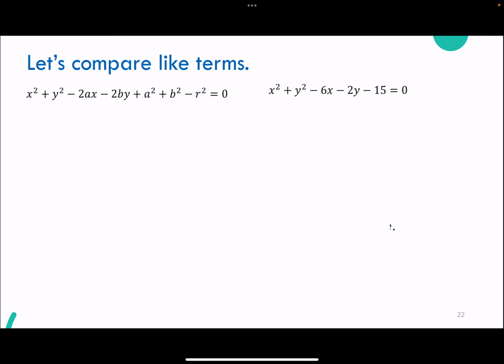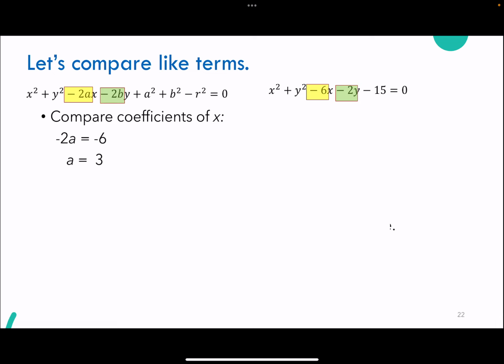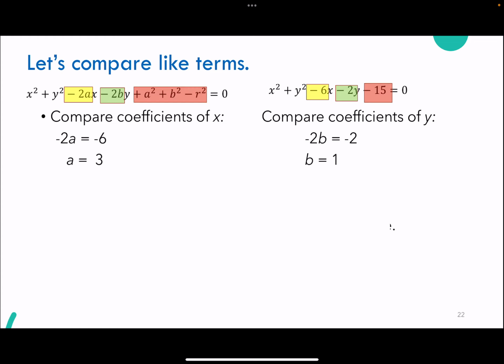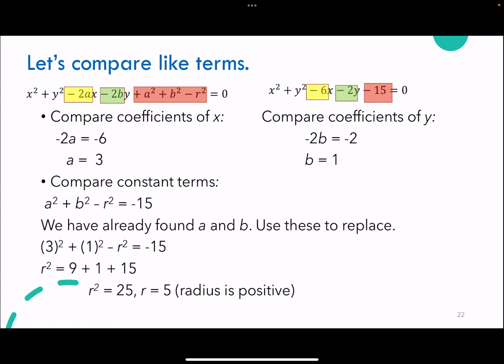Okay, same thing. Let's compare the coefficient of x, and that's how you get negative 2a. We equate it to negative 6, so a is 3. Negative 2b, we will equate to negative 2, where we compare the coefficients of y, and we'll be able to get b as 1. And then we are going to do the constant terms. So we have a squared plus b squared minus r squared equals negative 15.